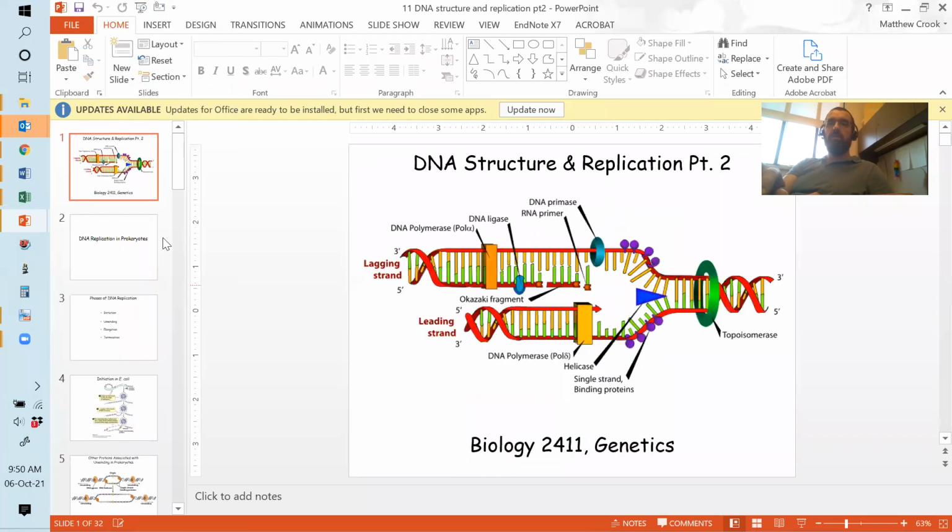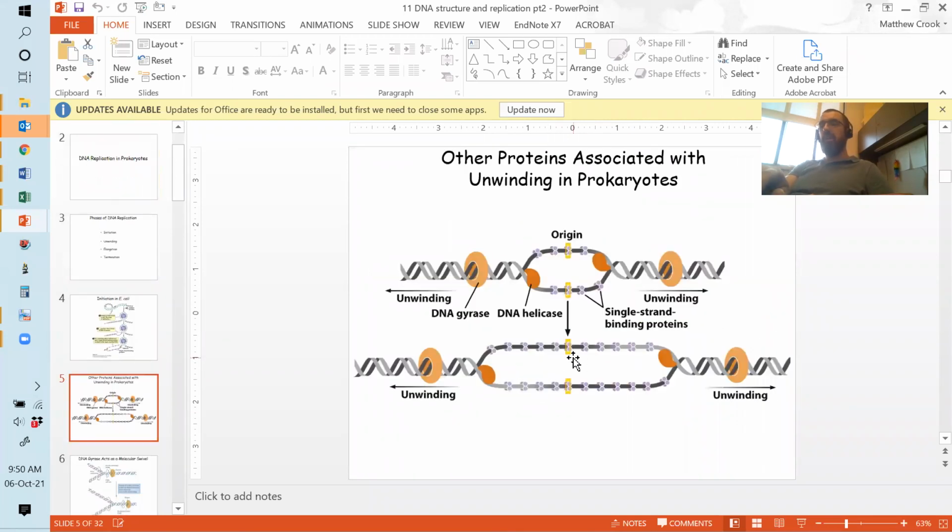When you look at the lagging strand, you will see an RNA primer made for every single fragment. You'll have an RNA primer made here for a small chunk of the lagging strand, but as soon as that small chunk is made, you have to make another one, and a small chunk of DNA, and another one, and a small chunk of DNA.